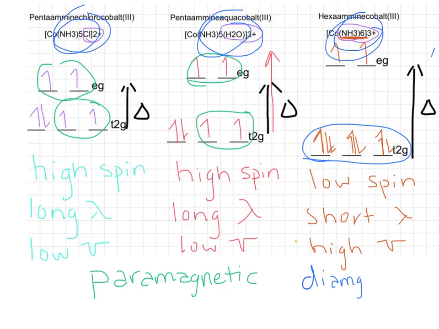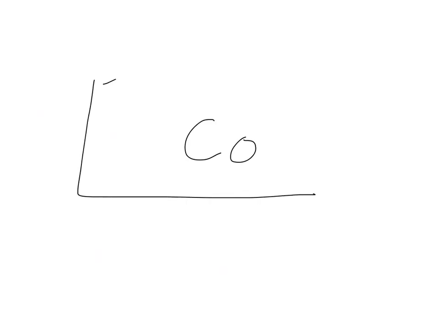So therefore, that's how they are octahedral. And I can also show you an example of the shape of octahedral, where we would have cobalt as our central atom.